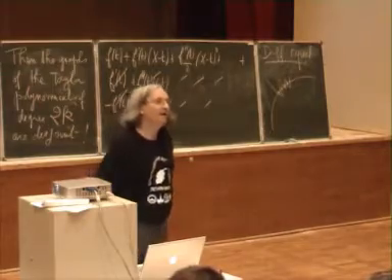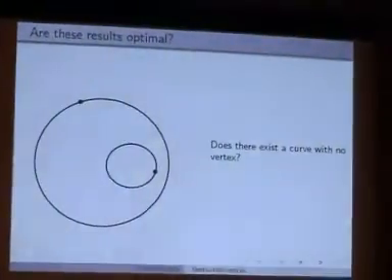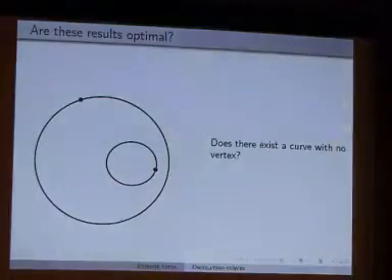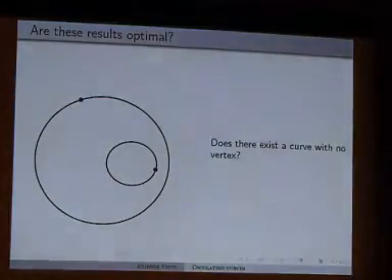Here's a question that seems natural. Once we prove a theorem, we want to know if the theorem is the best. So here's a very natural question. You take 2 circles, one sits inside the other, and 2 points on the circles, these black points.